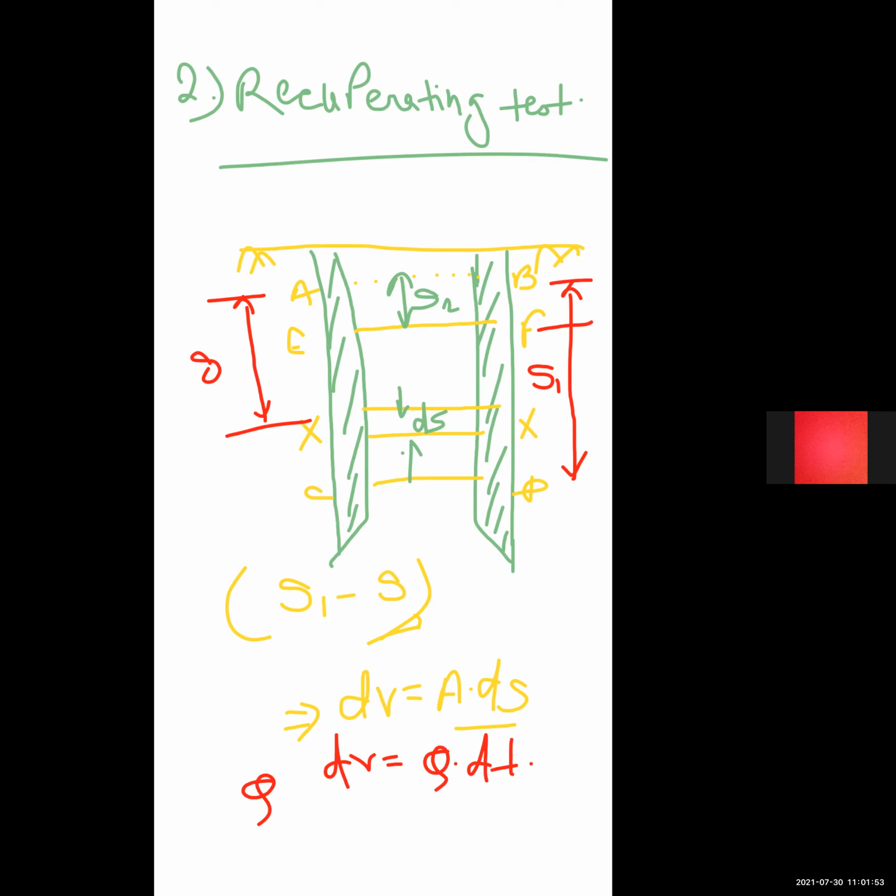But Q is proportional to S, so Q can also be written as C' into S, where C' is the constant depending on the soil through which water enters the well.